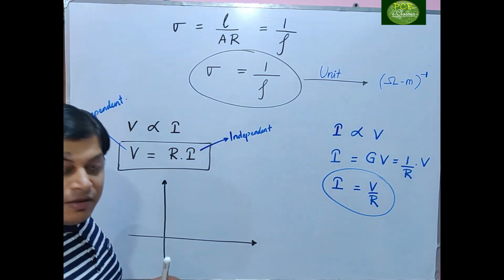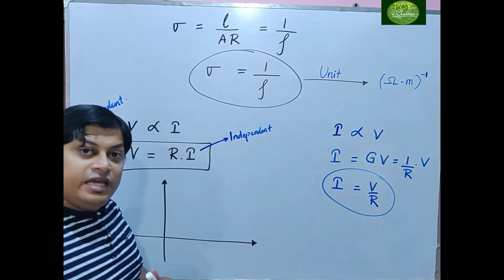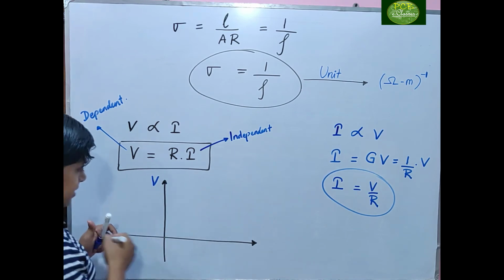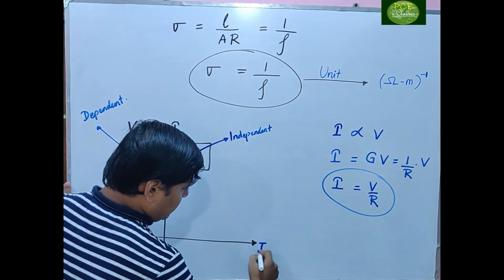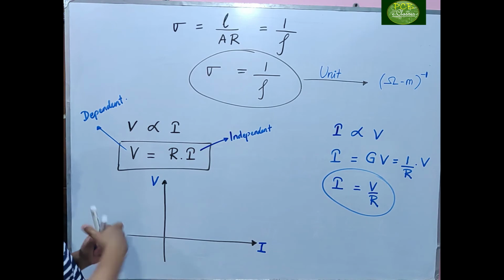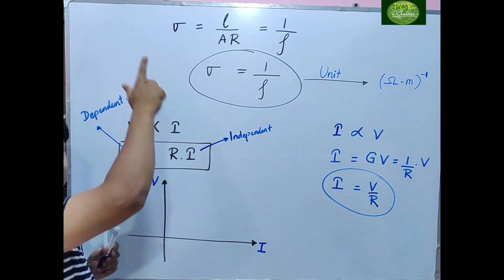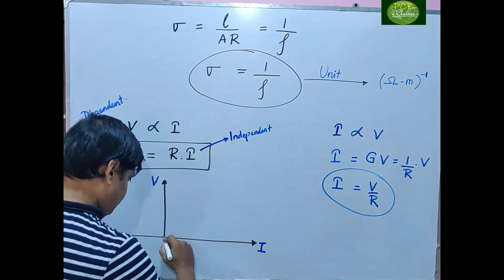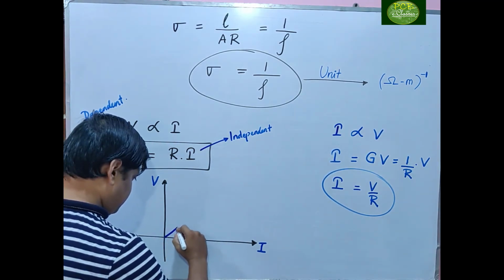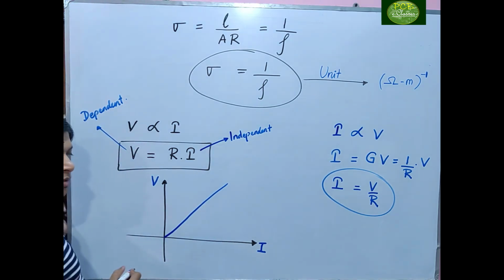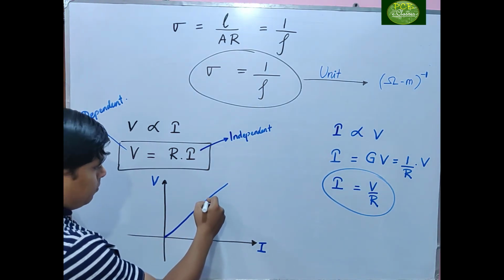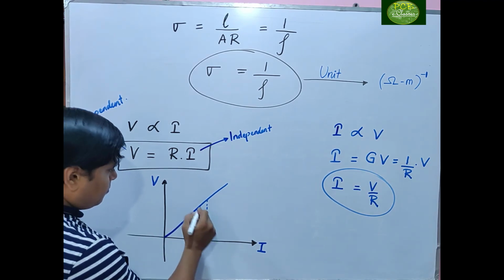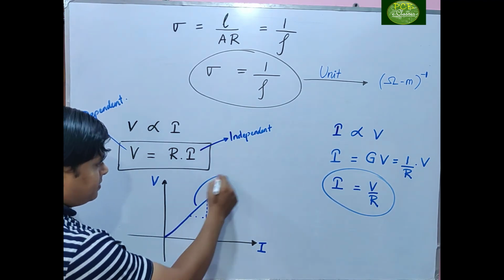So the dependent variable is always taken on the y-axis. So we will take V on the y-axis and I on the x-axis. It's proportional. If I increases, V increases. So what will be its plot? Proportional.